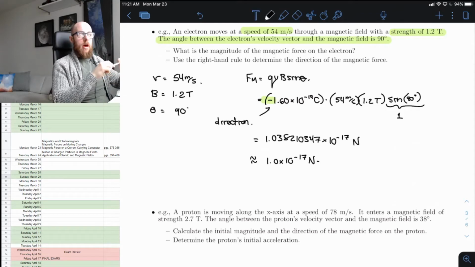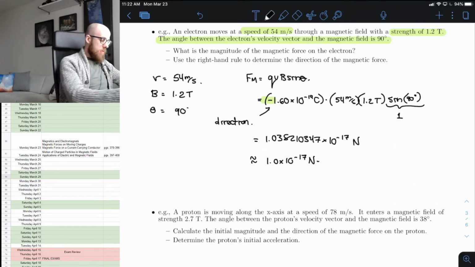Tomorrow, we're going to see how charges actually move within a magnetic field, and it ends up being a circular motion problem. So all the stuff from chapter 3 will come back. We're going to have to deal with centripetal force and centripetal acceleration again. Okay, let's finish up this question though.